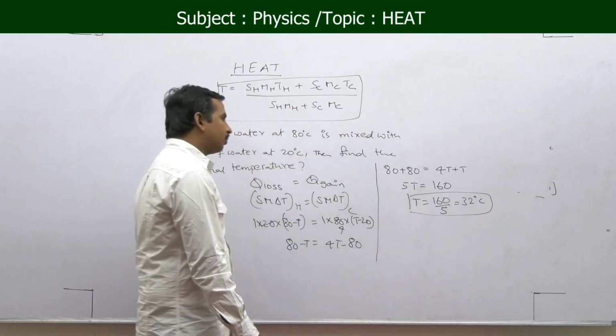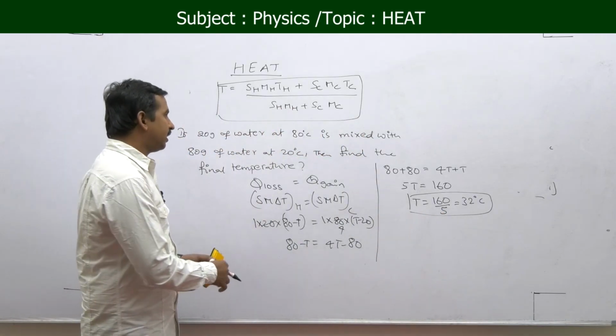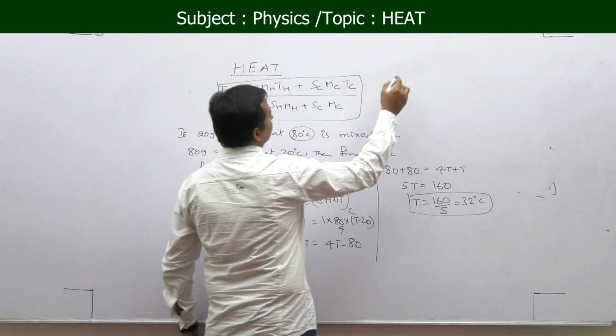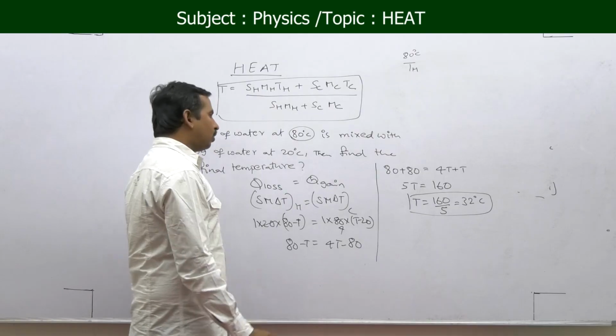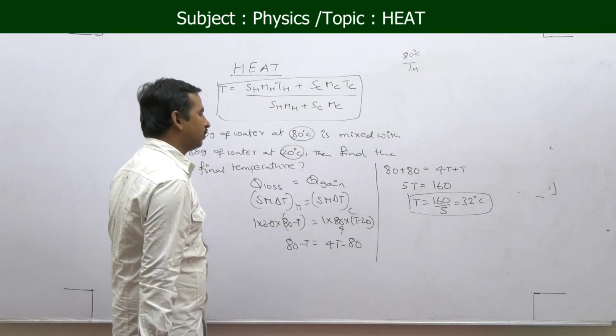If you observe in this example, our hot body temperature is 80 degrees Celsius and the cold body temperature, Tc, is 20 degrees Celsius.